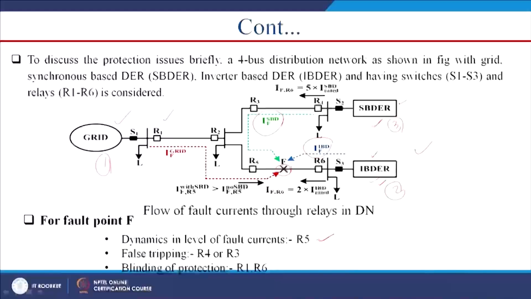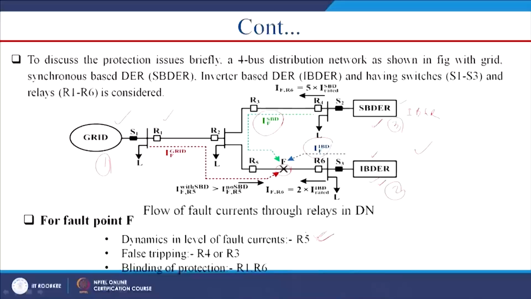If previously we had only an IBDR type system, then obviously the fault current seen by this R5 would be 2 times the I rated. So, in this case we have to change the settings from time to time, and this kind of system is known as adaptive setting of the overcurrent relay.